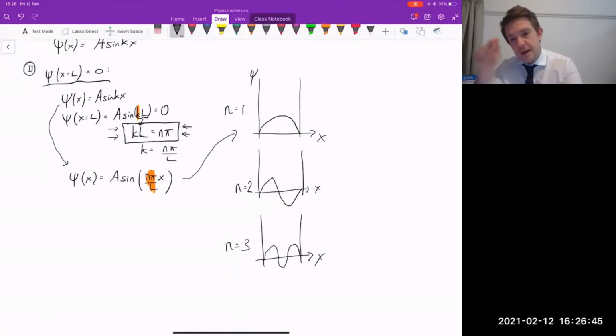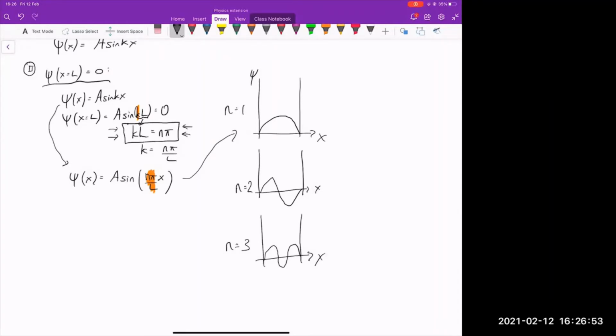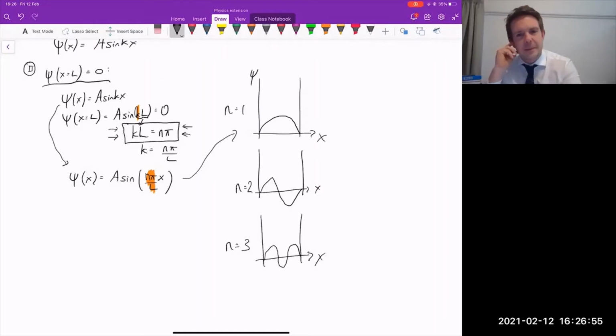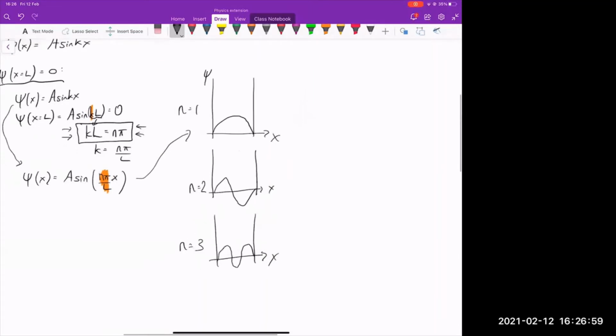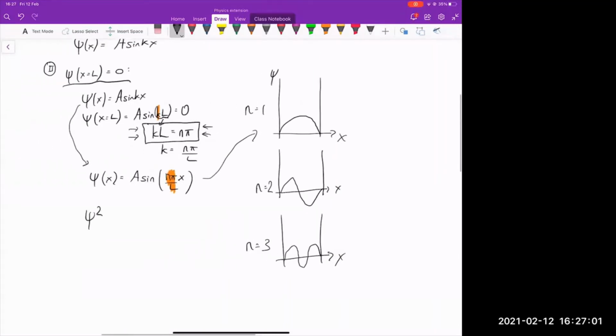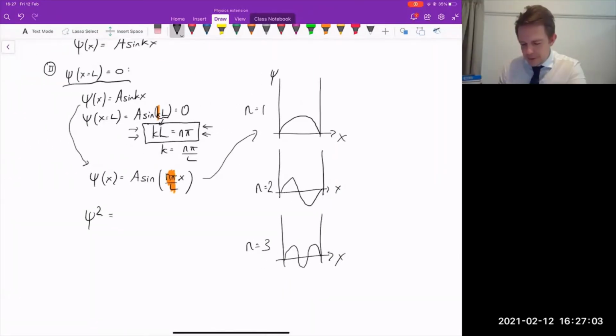Whenever you square a wave function, you end up with a positive number. What's the physical interpretation of the square? Probability. It's the probability of a particle being in a certain region. So if I square the wave function, it tells me probability: A squared sine squared of n pi x over L.